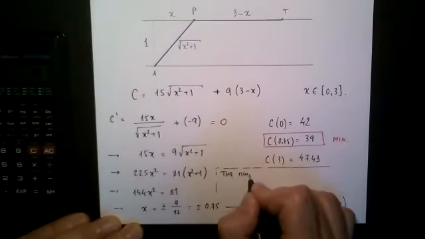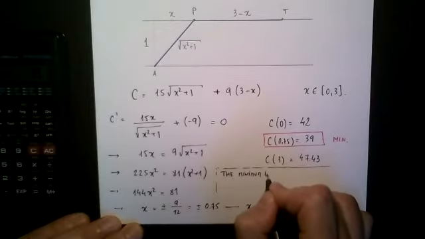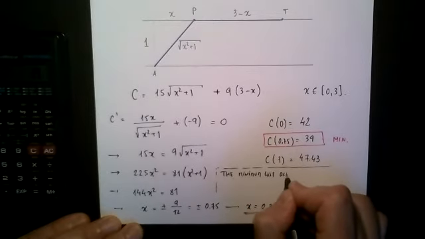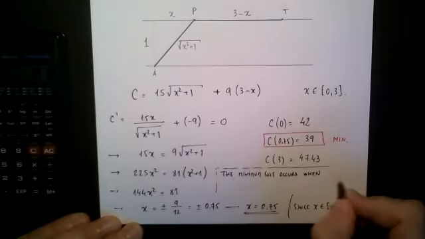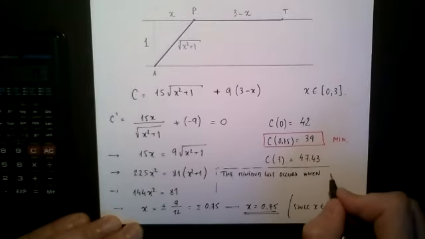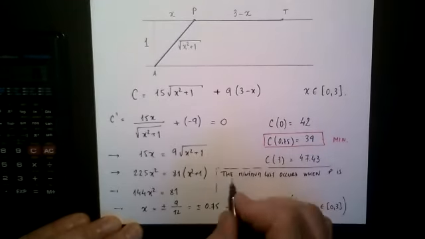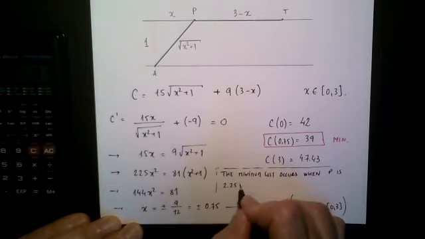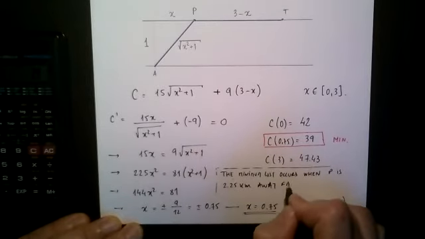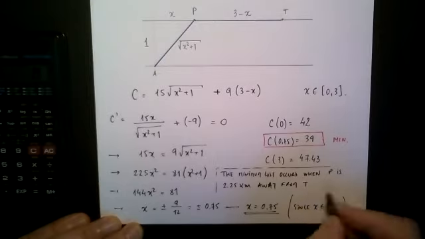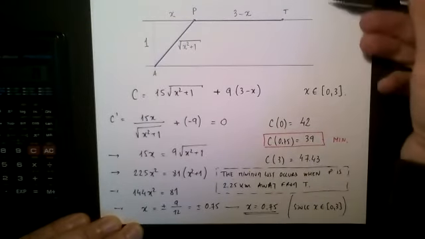The minimum cost occurs when P is 2.25 kilometers away from T. That's the answer.